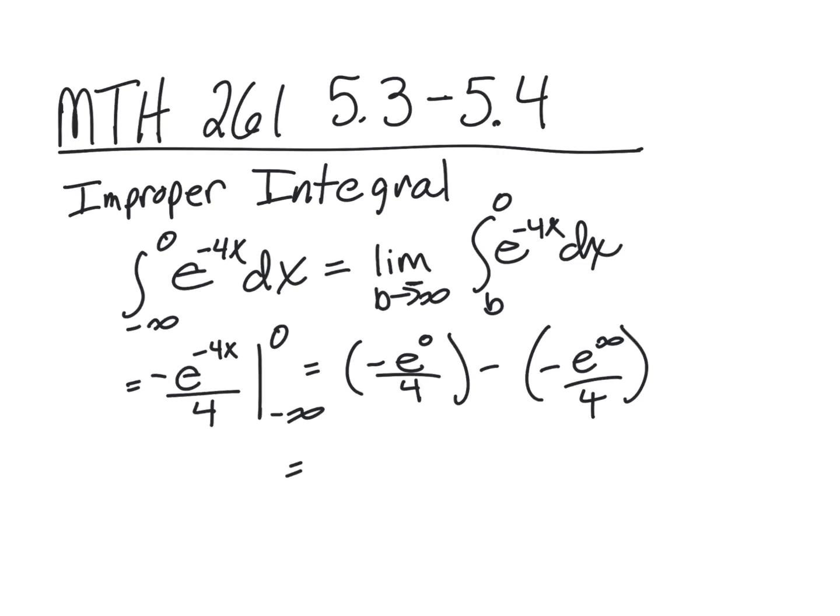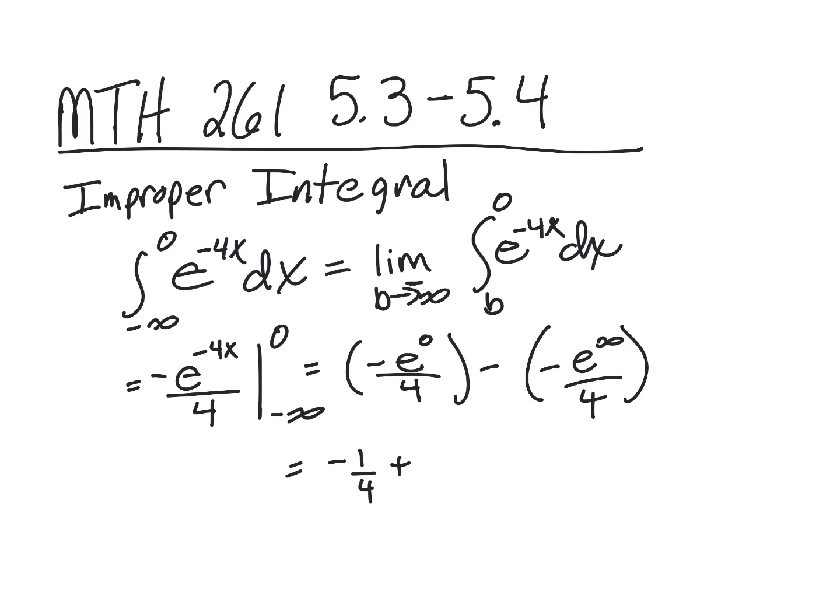So this piece right here, e to the 0 is 1. So I'm just going to get minus 1 over 4. Next term, minus a negative is plus.